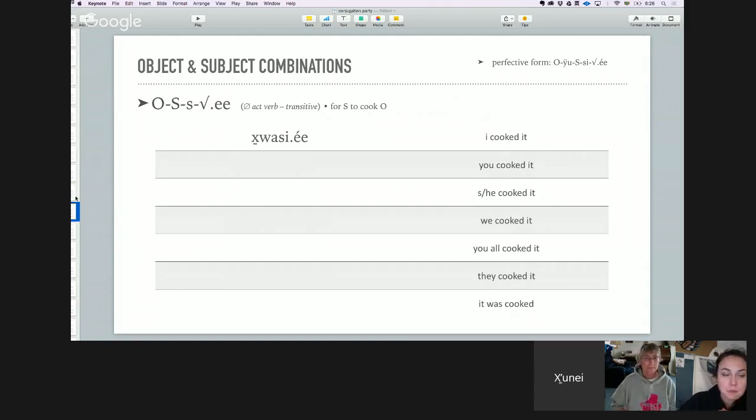Kwasai. Khwasai, you cooked it. Yisai. Yisai. So this is because it does the thing. The object would be 0, and then the perfective in the second person is going to become ye.